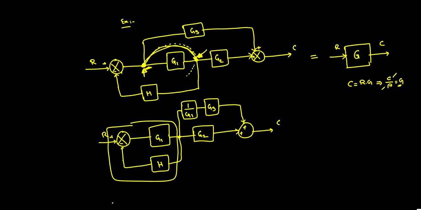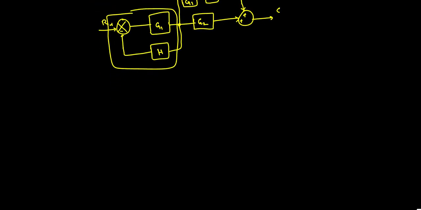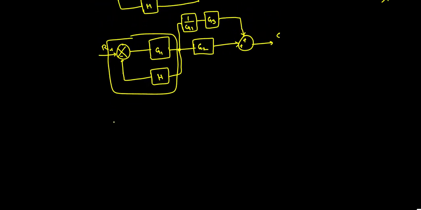It will become G by 1 plus GH. So R is coming, this we have already derived, G by 1 plus GH because it is in negative feedback.